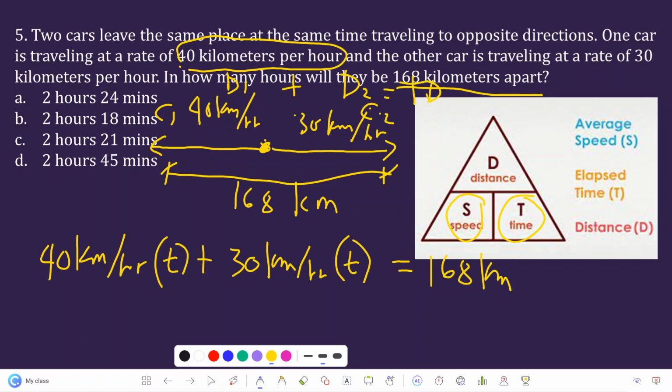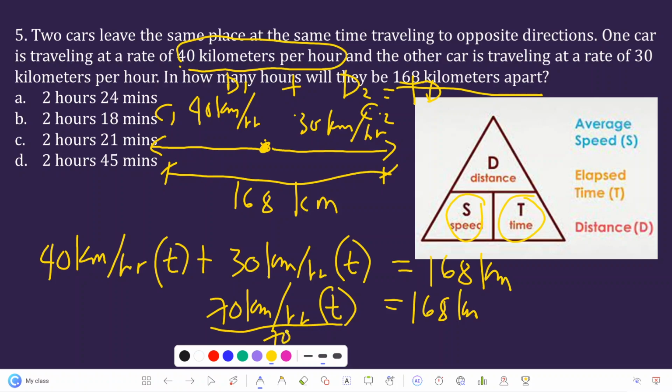Now, you can add 40 plus 30. You have here 70 kilometer per hour times time. You have here 168 kilometer. And for you to totally isolate t, you divide both sides by 70 km per hour.